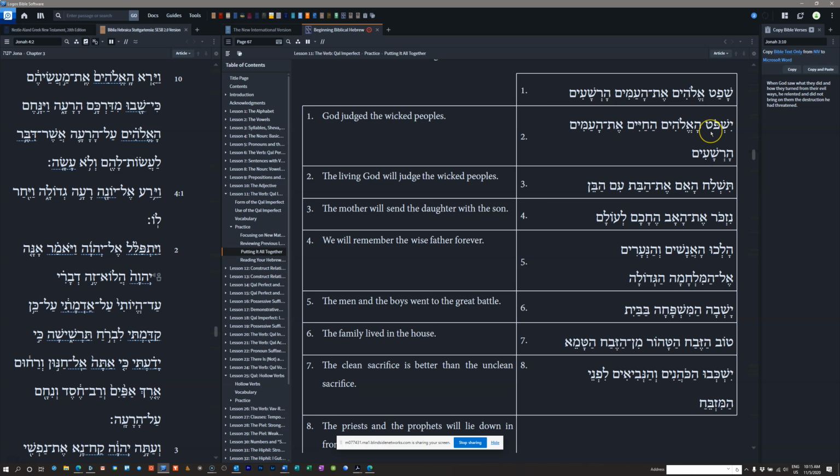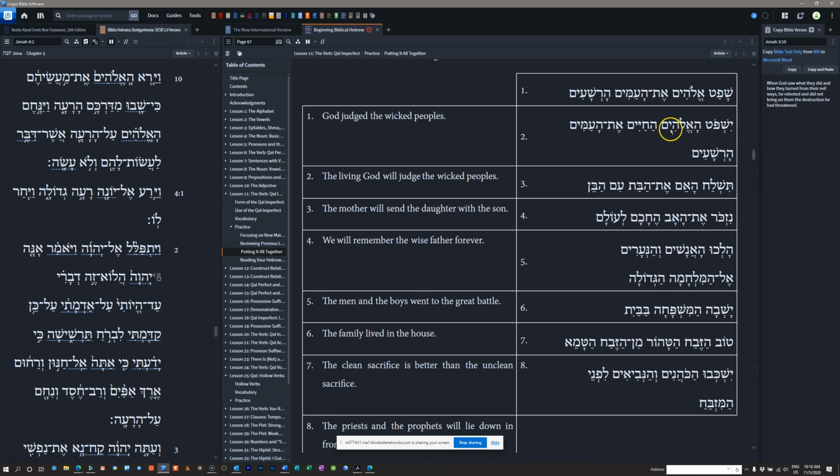Third person verb, let's look for a subject. Next we have ha Elohim. Ha Elohim could be the subject, but it has to match in gender and number. This one gets a little bit tricky because ha Elohim has a masculine plural form, and yishpot has a masculine singular form.